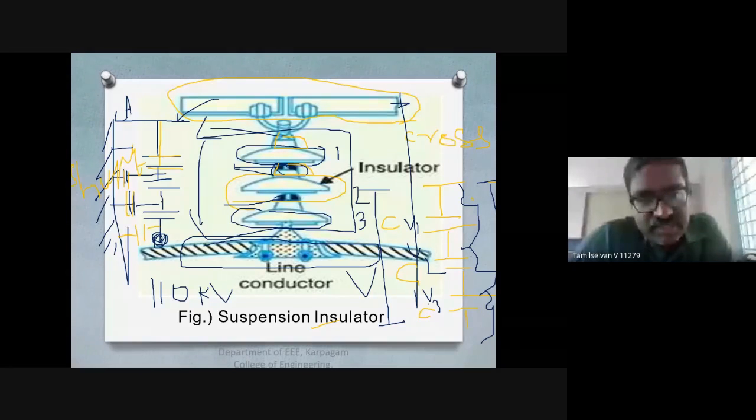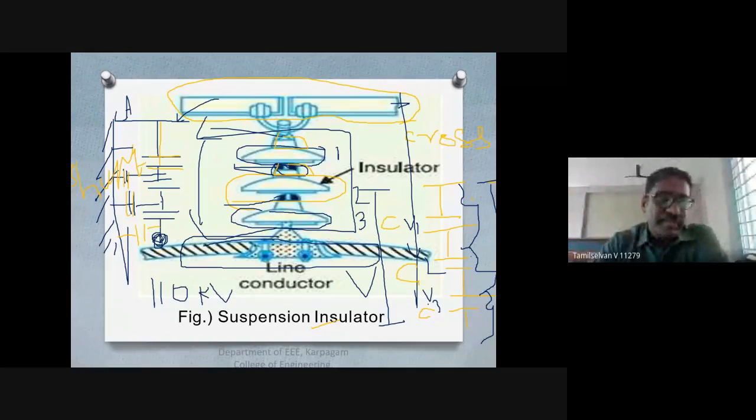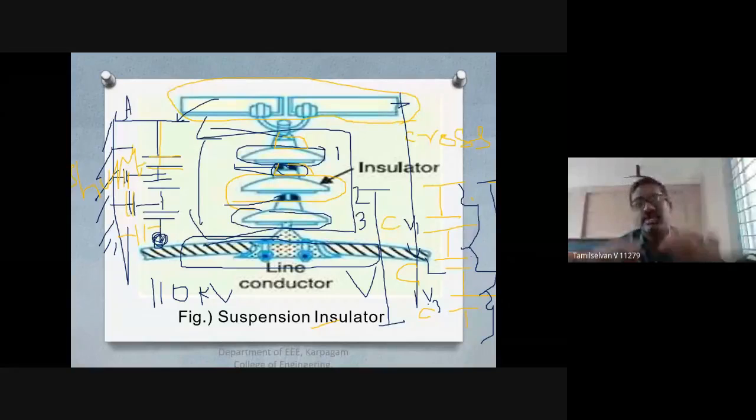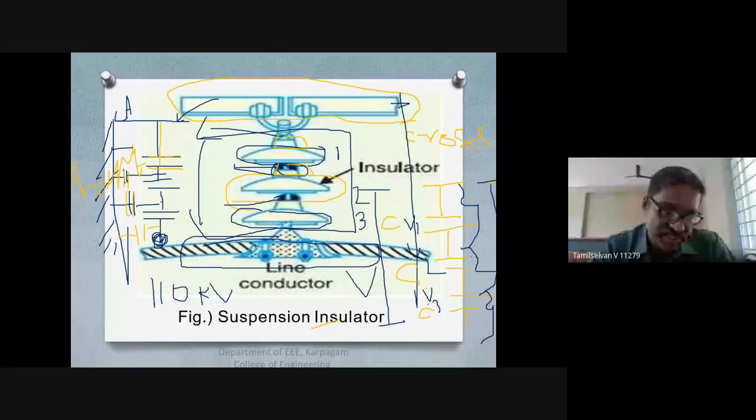For that we will write the mathematical expression, converting these insulator strings into an electrical network. Once we draw the electrical elements, we can apply Kirchhoff's current law, write the equation, and calculate the voltage distribution.